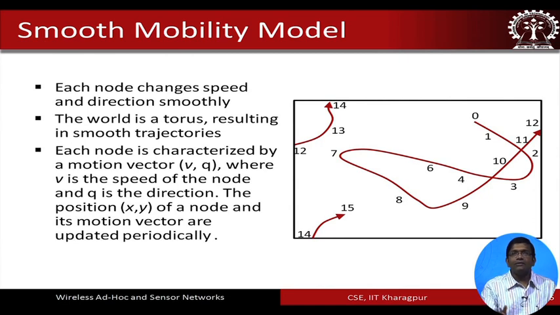Every certain interval of time, both the position x and y and the motion vector, meaning the velocity of the node and the direction in which it is moving, are updated. All of these change over time, due to which we get a pattern like this. We do not have straight trajectories like the previous models, but we have curved mobility patterns in the region.